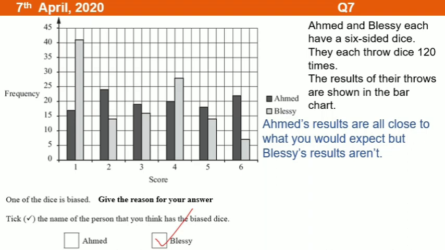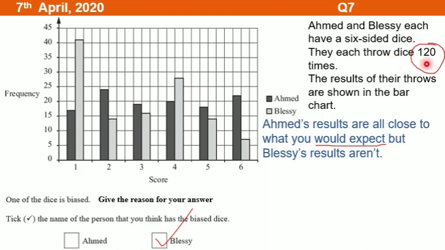If it is a normal dice, the probability of getting a 1 will be 1 per 6, right? And he does 120 experiments, so we need to multiply the probability and the number of experiments to get the frequency.